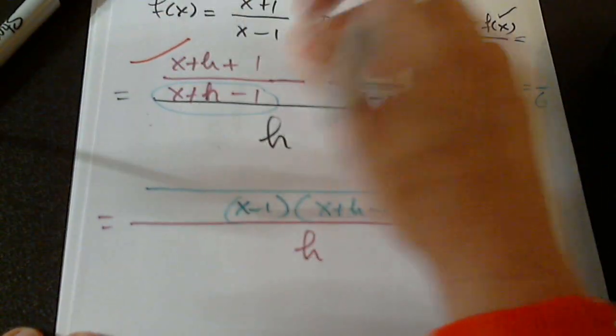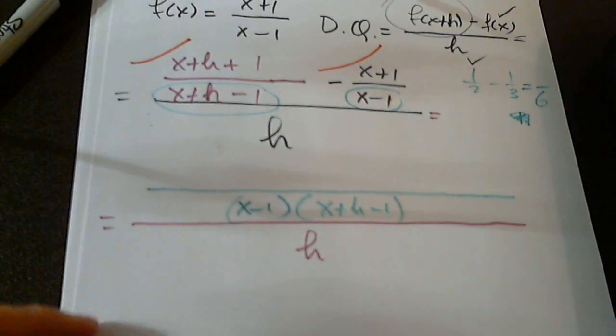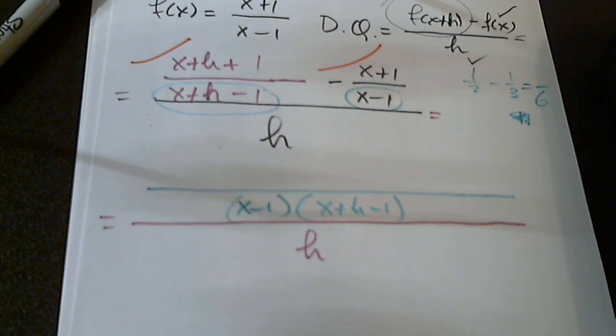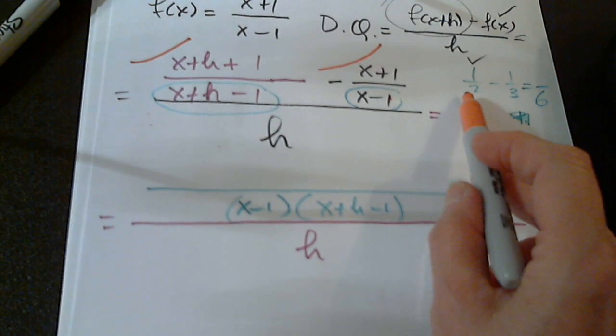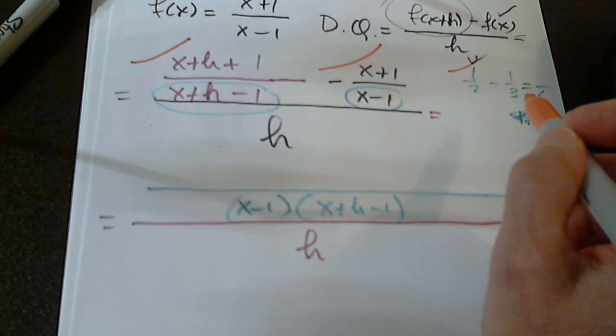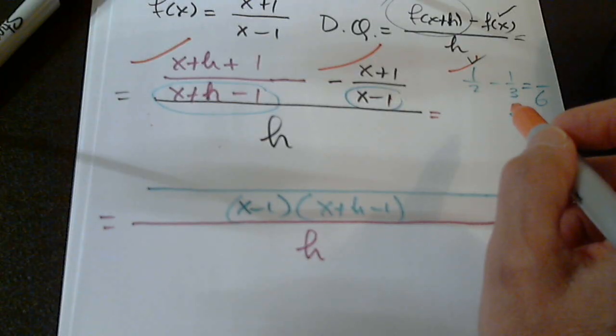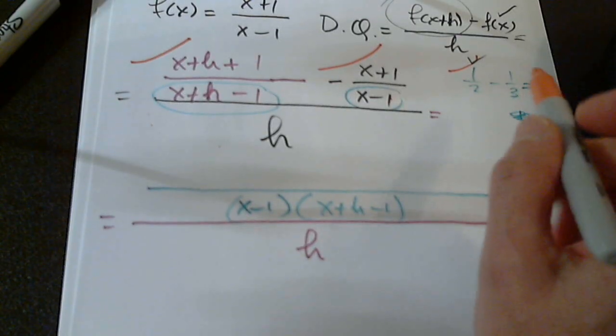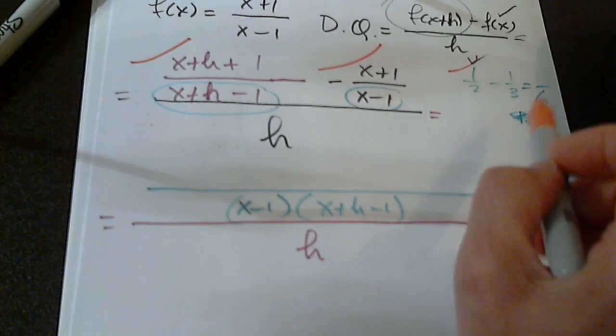Awesome. So then, what do I multiply the top by? What did you multiply 2 by to get 6?